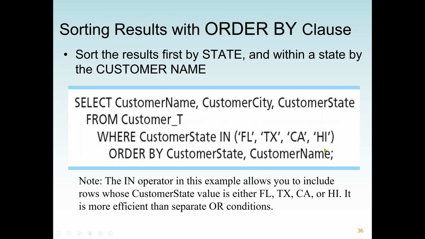So the result we get will be based on these four states. Then, when we get the result, we use the keyword order by customer state and customer name. So we want to put it in order.